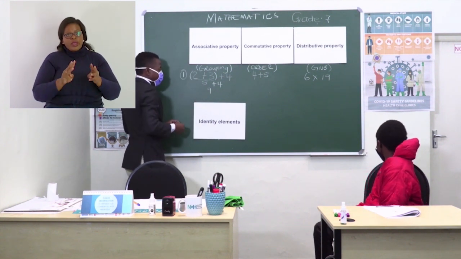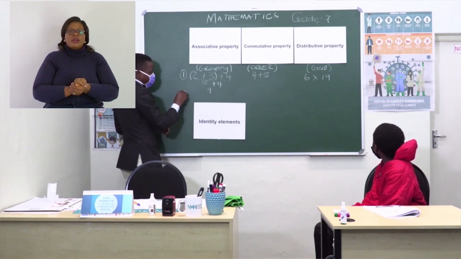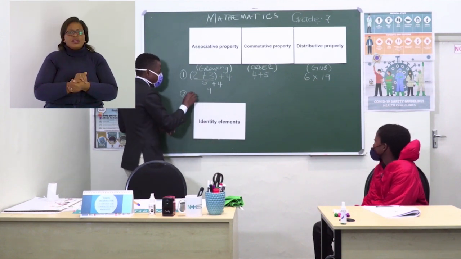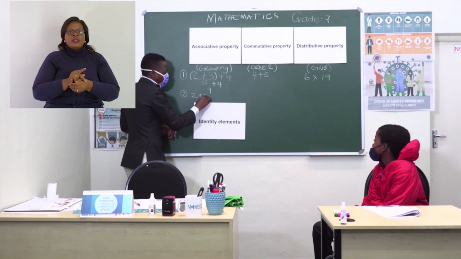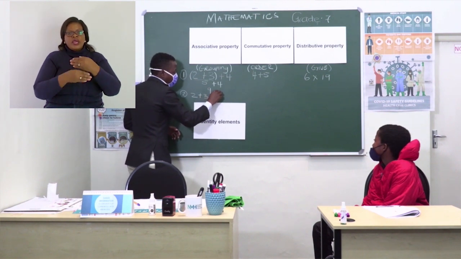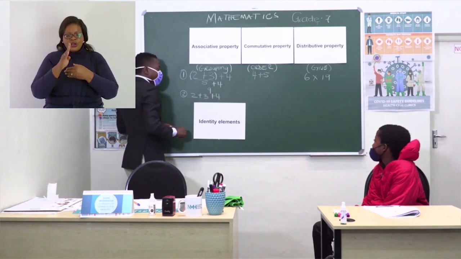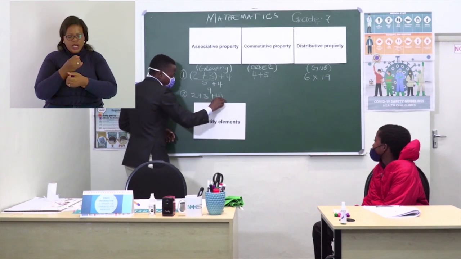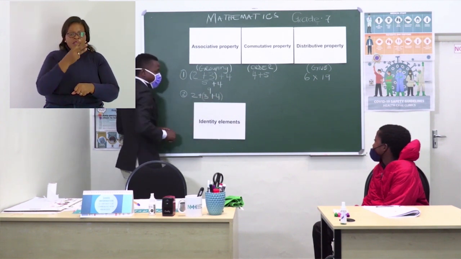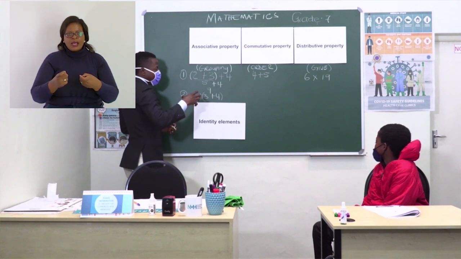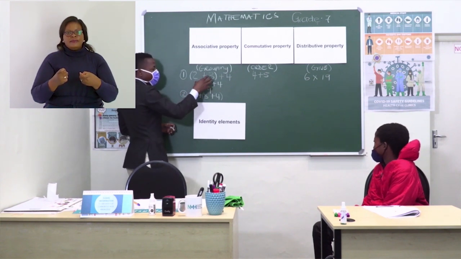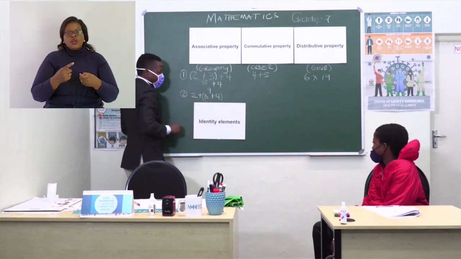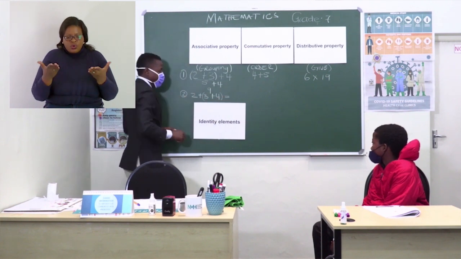But another method, you can start the second method. I have 2 added to 3 and 4. I can decide to start here. Meaning, there's 2 groups where you can start. You can decide to start there.